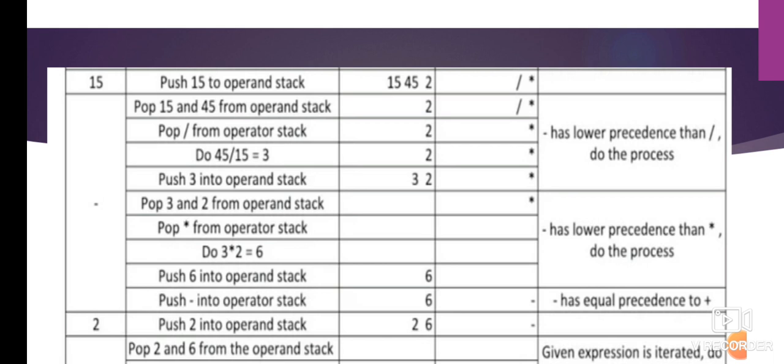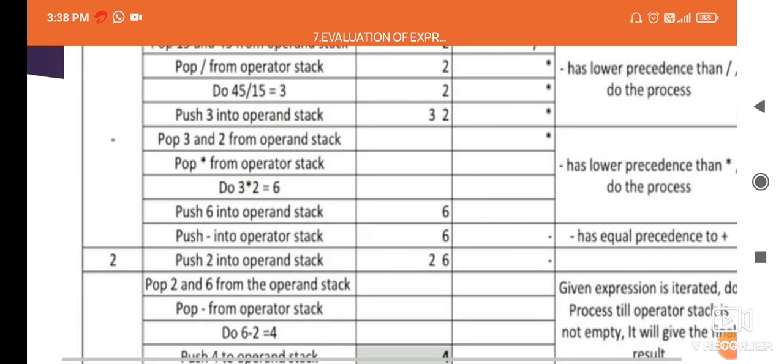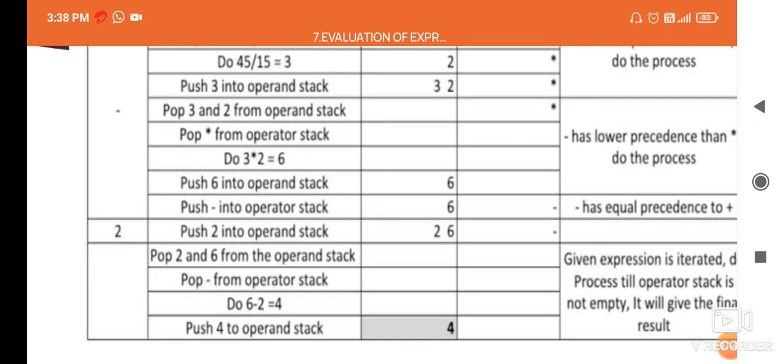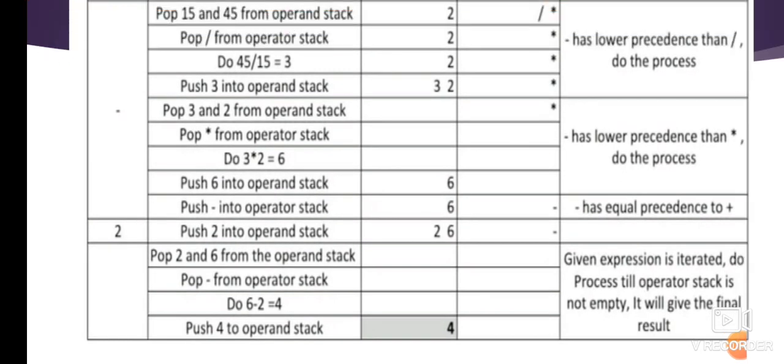Here, for an operator with lower precedence than slash, we do this process, right? Then pop 3 and 2 from the operand stack, then pop star from the operator stack. That is 3 into 2, which is equal to 6. So 6 is pushed onto the operand stack. The next symbol is minus, which is pushed onto the operator stack.